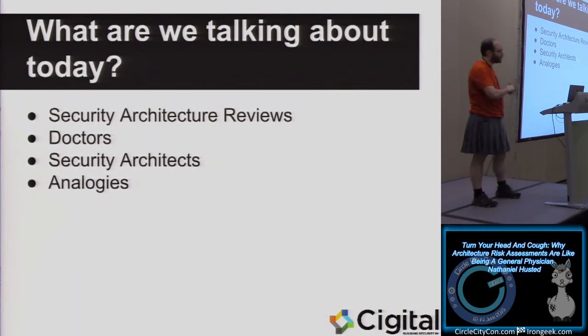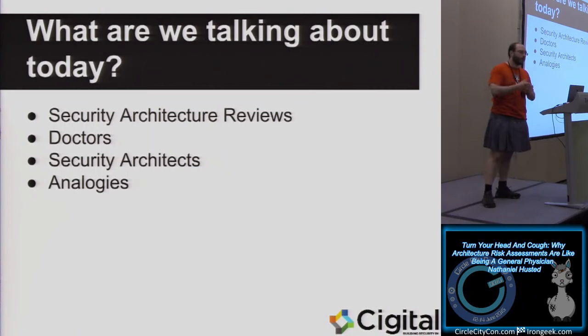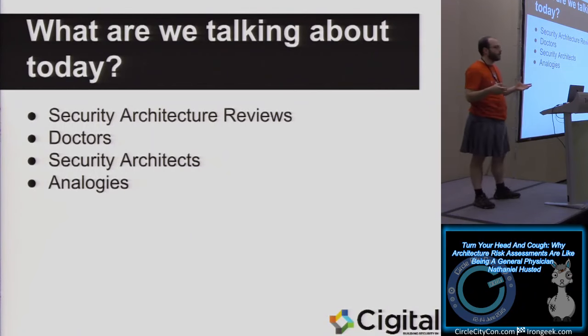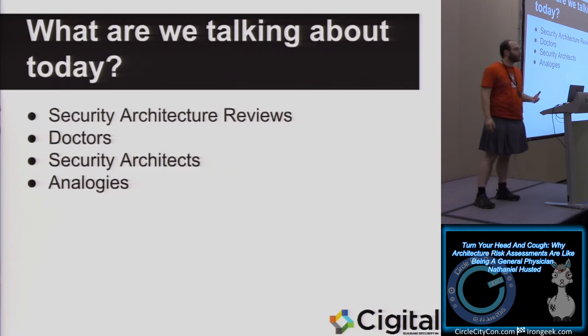So as I mentioned earlier, here's at a high level what we're going to talk about today. We're going to talk about security architecture reviews. I'm going to go over an introduction. For those who aren't aware of the detailed process, I will go over what the steps are in a security architecture review, what we're looking at accomplishing with one of these security architecture reviews, so we get a handle of how they work.